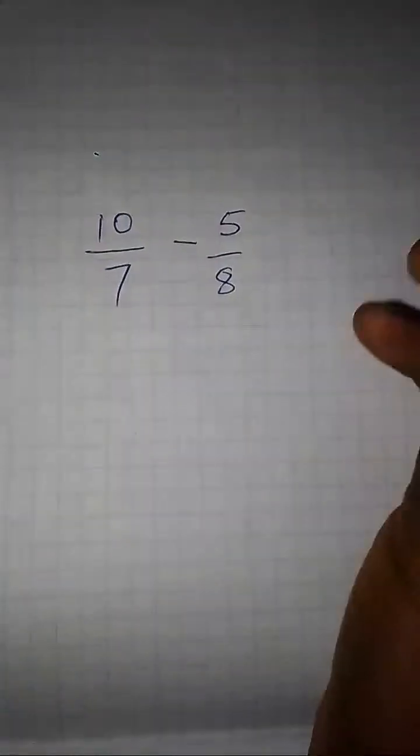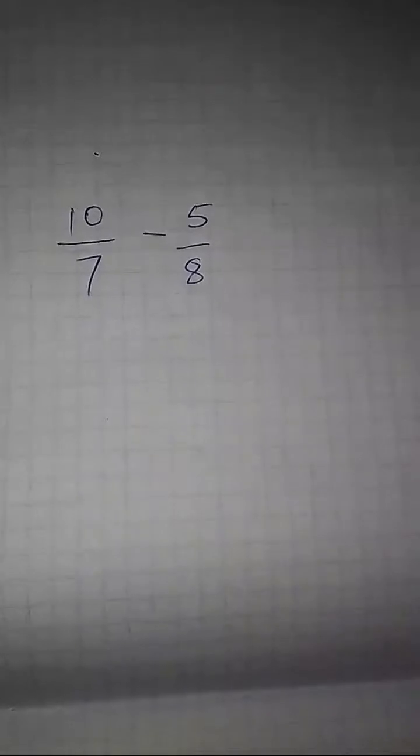So this one is the first one. That is 10 over 7. If you have your calculator, you can check, but this one now doesn't require a calculator. 10 over 7 subtract 5 over 8.